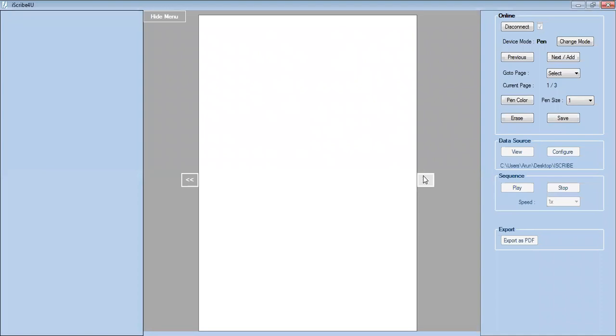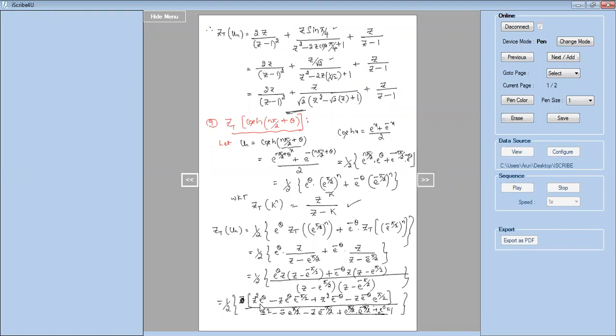This implies the Z transform of un equals, see this, from the first term and from this term I can take Z square common, so it becomes e power theta plus e power minus theta from this and this. And from this term and from this term, it is minus Z e power minus theta.